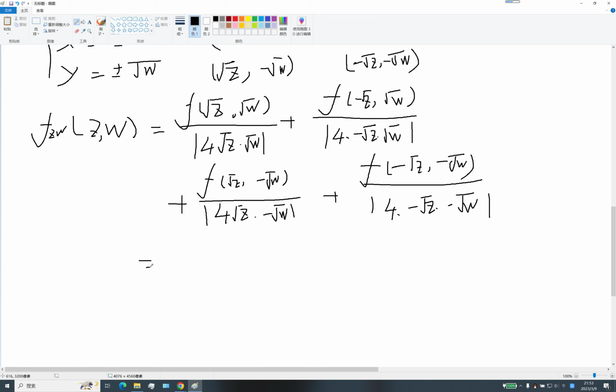Adding them together, we get the answer 4.